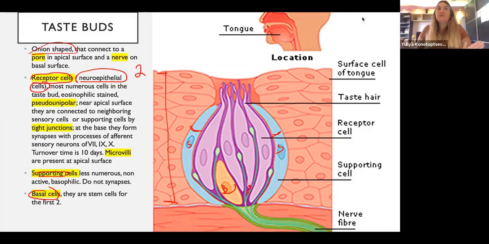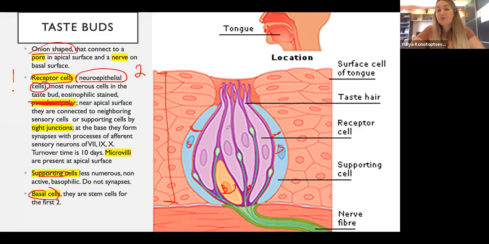It simply starts it, and whatever happens, happens. Type 1 can propagate. Type 2 cannot propagate. So for your self-control test, this is a question. We're going to see it in the past paper session. Receptor cells are neuroepithelial cells type 2. This is not important. Next semester in neurohistology, we will talk about it.